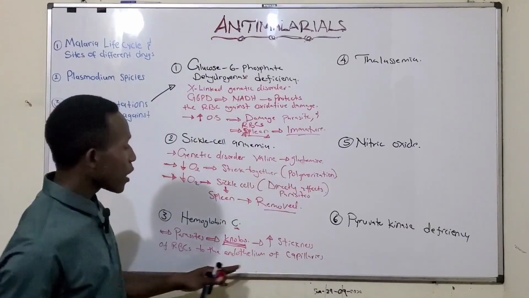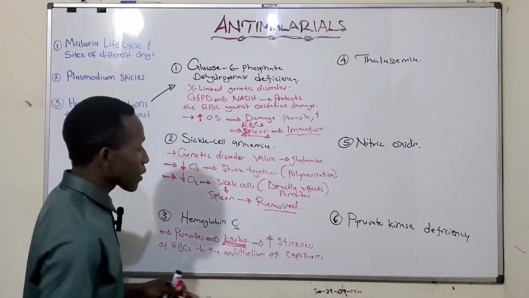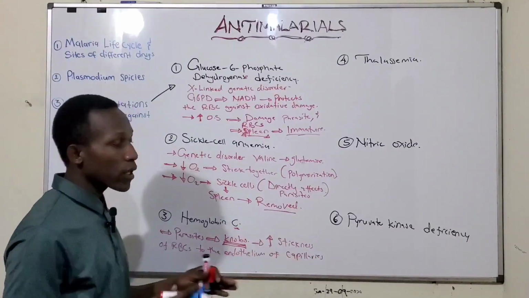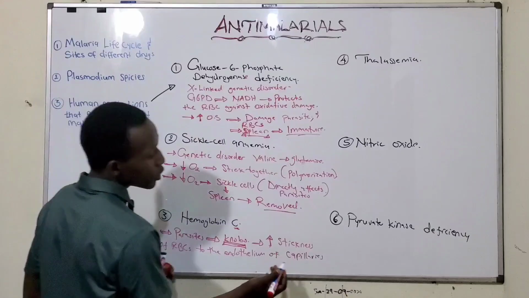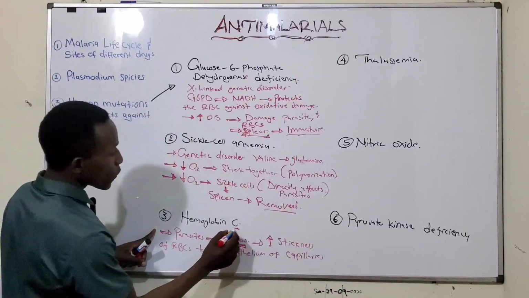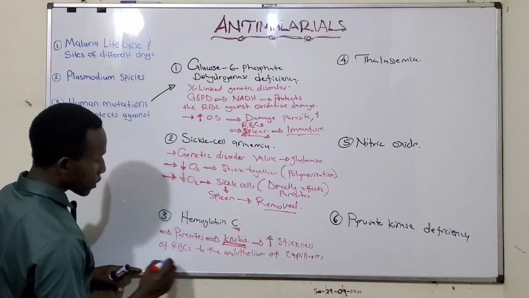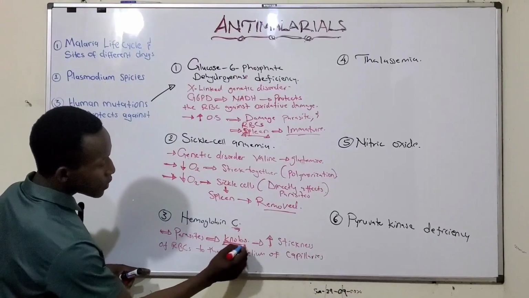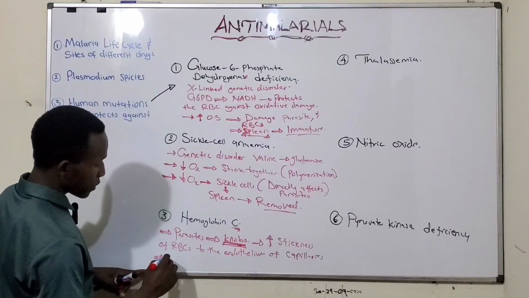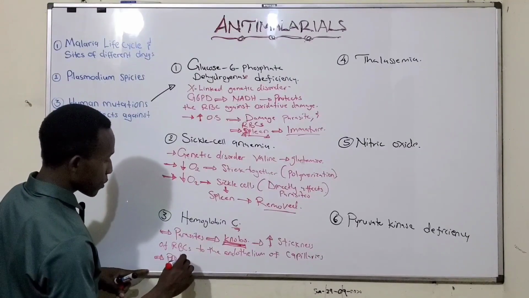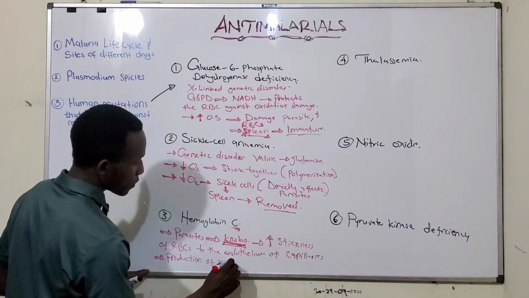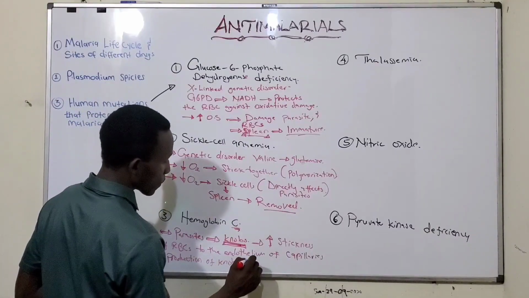So when they increase the adherence, fewer infected red blood cells will go to the spleen, meaning that they will not be removed by the spleen. Now, in the presence of hemoglobin C, the production of knobs is altered.